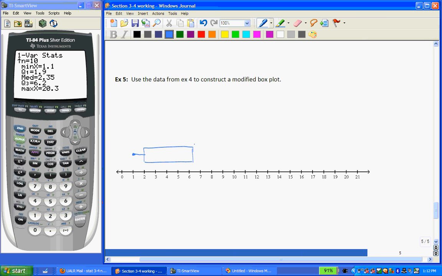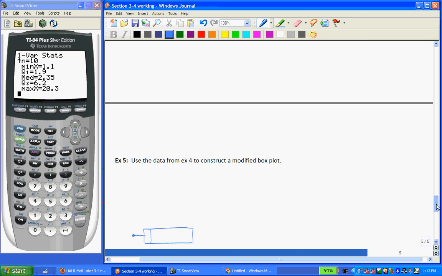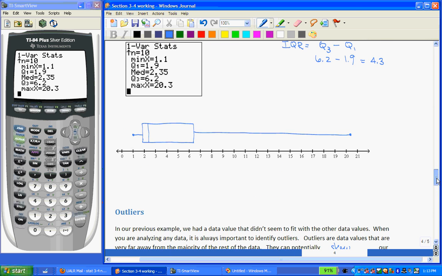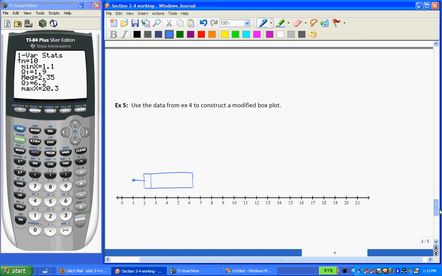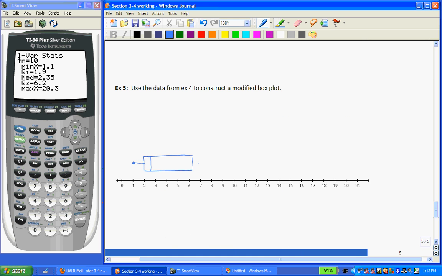And then put my median at 2.35. And instead of going all the way out to that 20.3, I'm going to draw my line to the next lowest value. So looking at our original data set, the value that came before 20.3 was 6.8. So 6.8, maybe about right there.